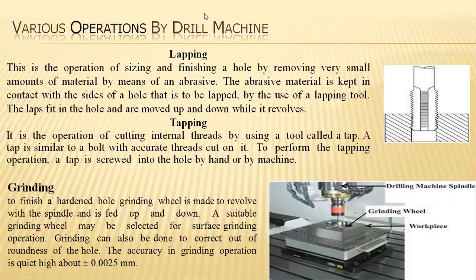Particularly, a suitable wheel should be selected depending upon the type of material being worked on. Grinding can even be done to correct the roundness of holes, and the accuracy of the grinding operation is about plus or minus 0.00255 mm.